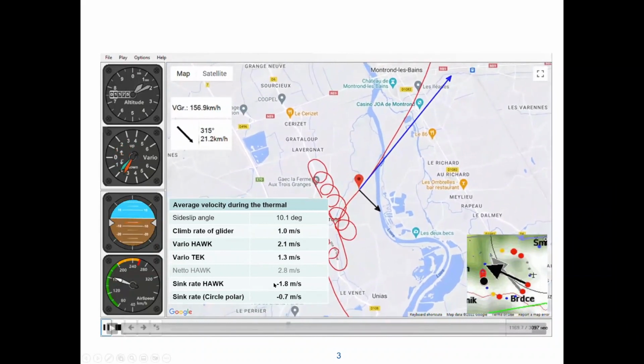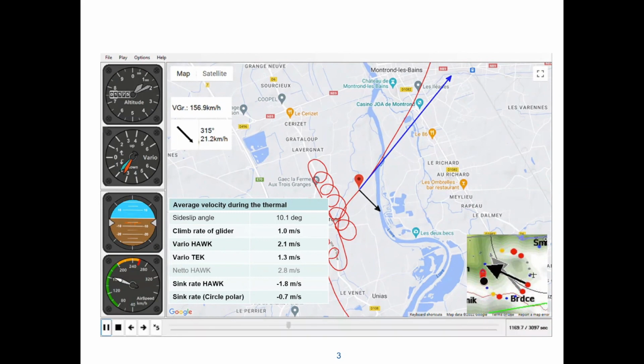We see the sink rate computed in the algorithm is minus 1.8 meters. If you go to the polar, it's minus 0.7 meters. So there's a difference. And if you subtract that from that, you get within statistical accuracy the result of the Hawk. Okay? So you see the difference here.